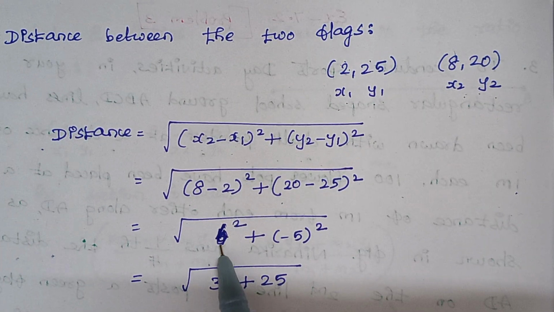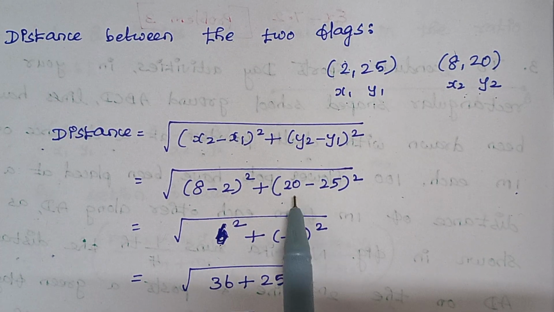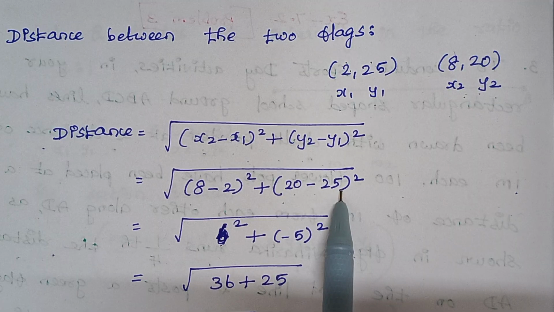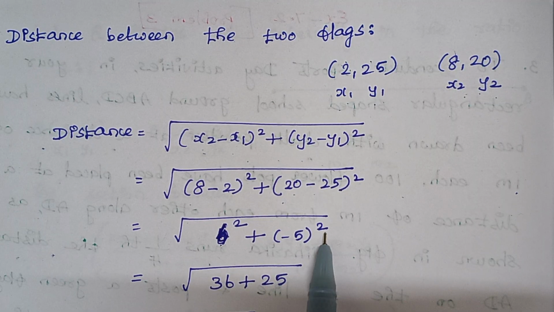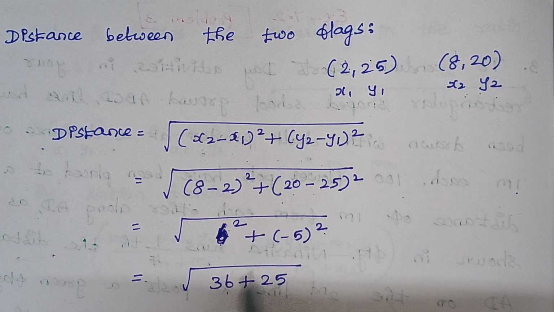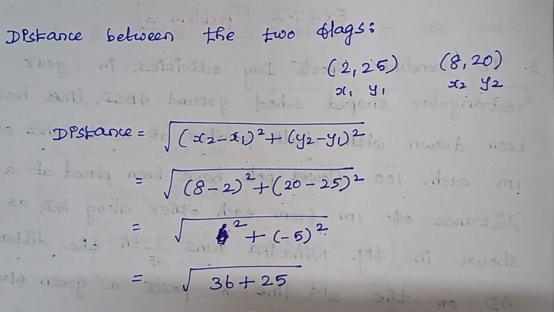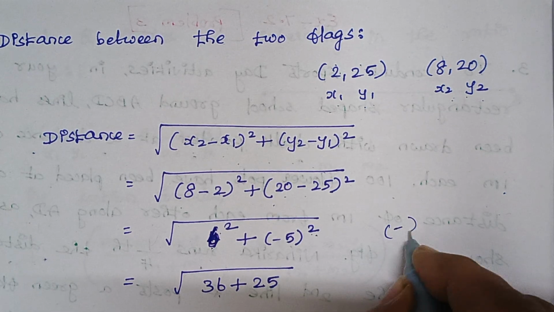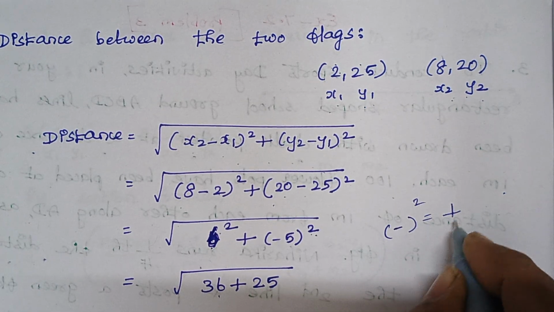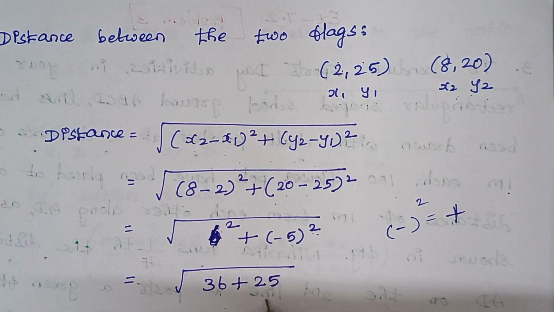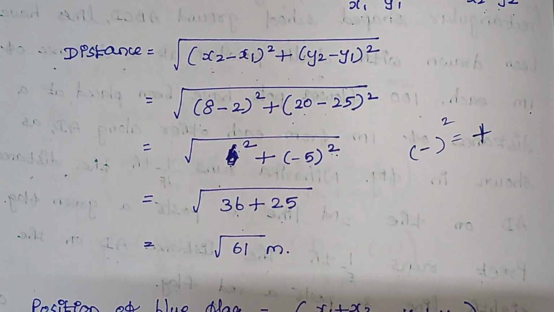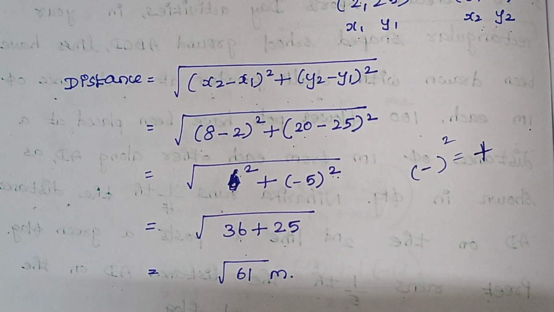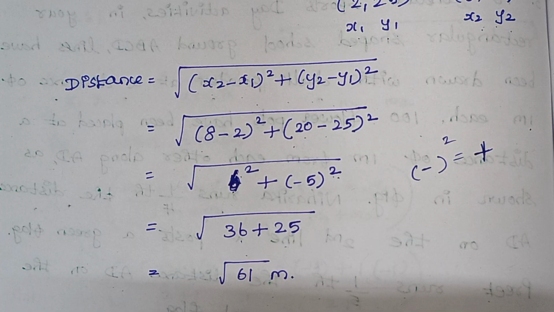So 8 minus 2 is 6, 6 squared, plus 20 minus 25 is minus 5, so (minus 5) squared. So 6 squared is 36 and minus 5 squared is 25. I believe you people know, right? Whenever a minus term is squared, the answer is always positive. So 36 plus 25 gives you the square root of 61. So this is the distance between the two flags, right?